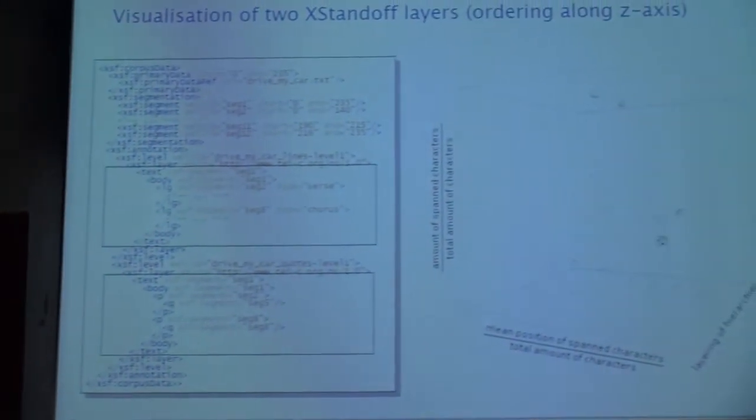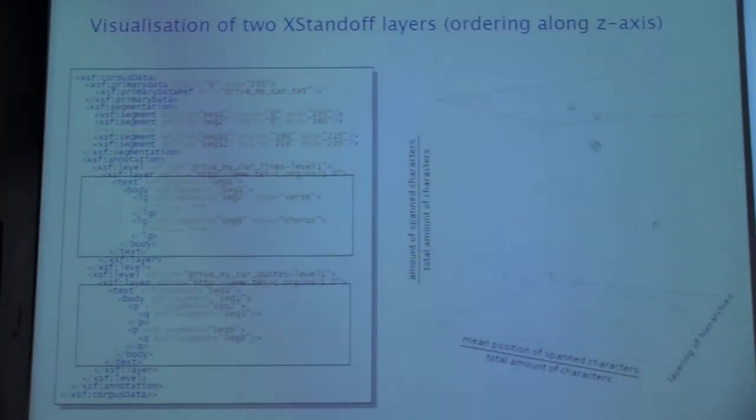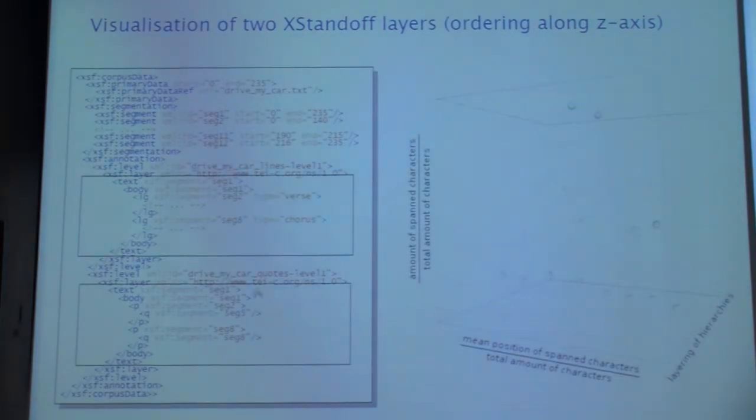You have a 3D space and the annotation layers, which correspond to the annotations here in the extent-of instance, and the positions in this case are based on the spanned primary data text.